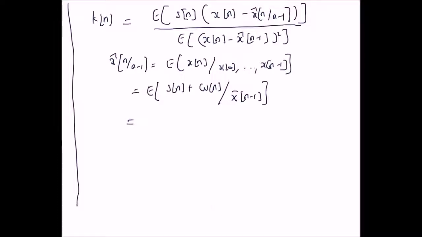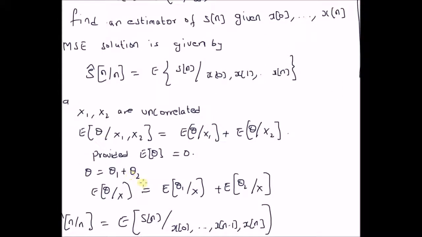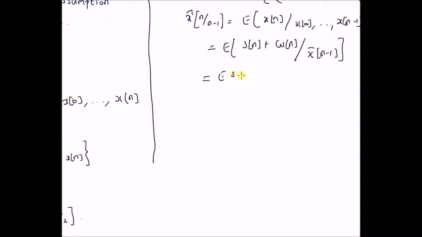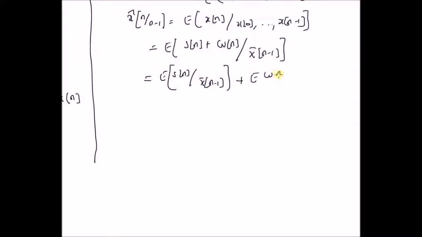And now by using lemma 2, that is, when the parameter can be written as the sum of two parameters theta 1 and theta 2, we can basically split the expectation. So this is equal to the expectation of s of n given x bar of n minus 1 plus the expectation of w of n given x bar of n minus 1. The second term is clearly equal to 0 since the expectation of the noise is assumed to be 0. So we have x hat of n given n minus 1 equal to s hat of n given n minus 1.